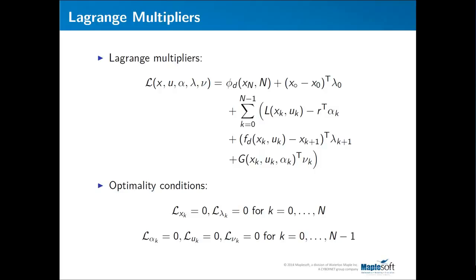In our case, we have called the Lagrange multipliers corresponding to the system's dynamic equations lambdas, and the rest of them are called nu. If the Lagrangian is differentiable with respect to all variables, any maximum or minimum of the optimization problem has to satisfy these optimality conditions. Basically, the derivative of the Lagrangian with respect to all variables has to be 0.